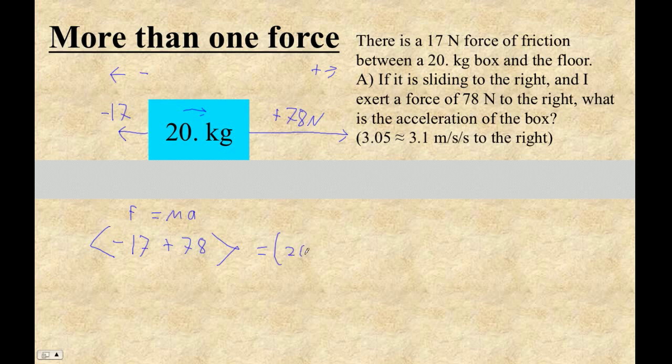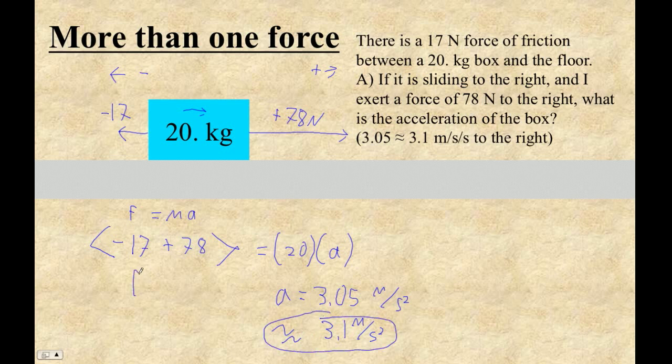That equals 20 times a, and then we can solve for a. 78 minus 17 is 61, and 61 divided by 20 is 3.05 meters per second squared. The question is, how do you round that? The convention is maybe that you round up, so 3.1 meters per second squared.